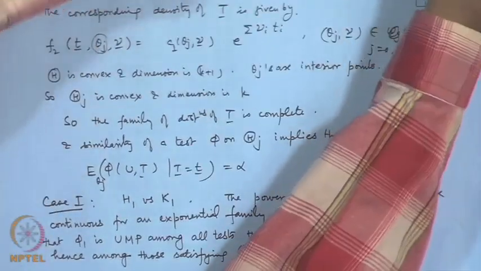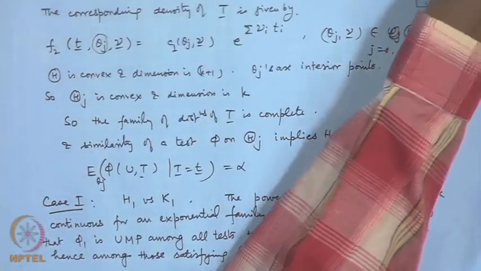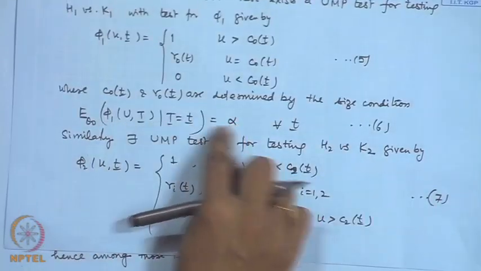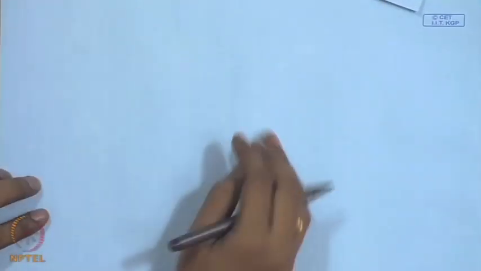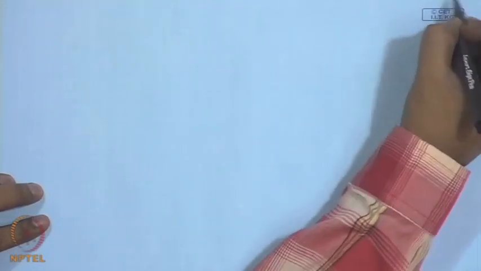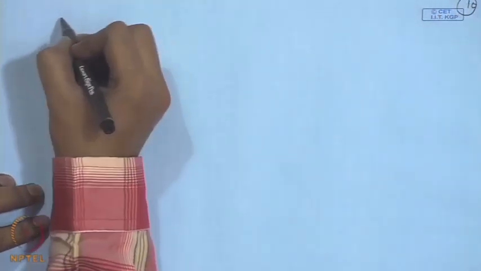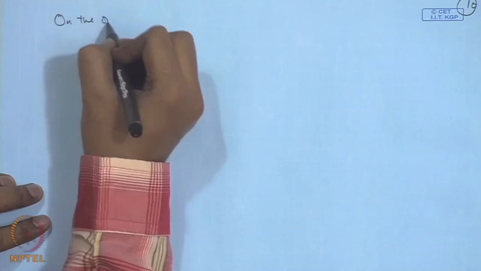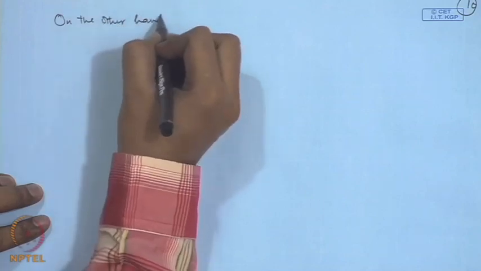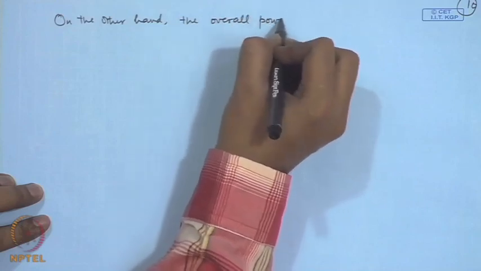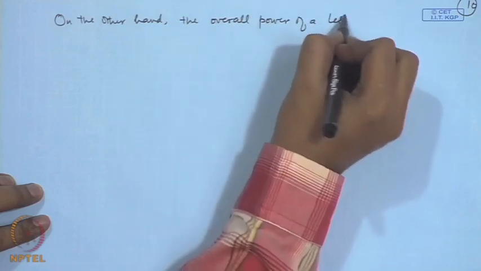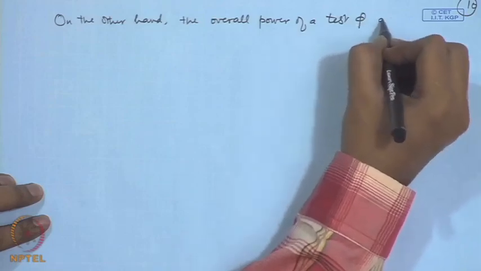Condition 6, let me repeat here, is the condition for the Neyman structure. On the other hand, the overall power of a test phi I will be carrying out in the next lecture.